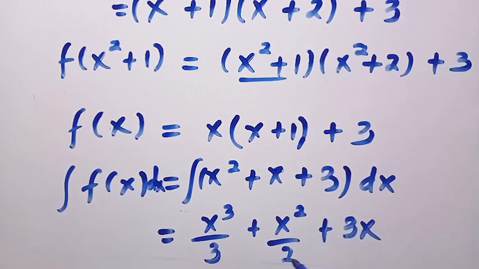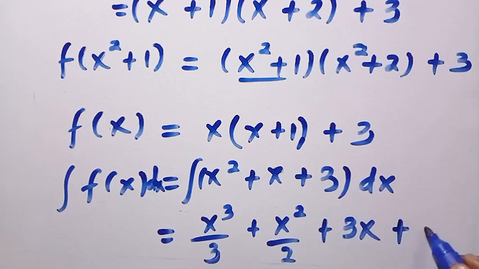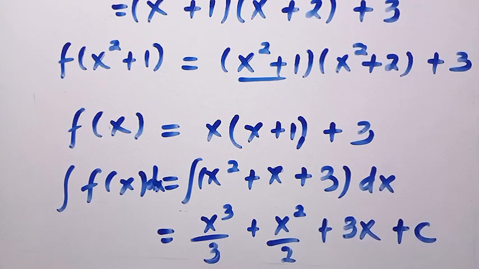After we have integrated this, let's add the constant of integration. So this is how we solve this in the first method. Just as simple as it is. And let's see how we can solve this another way. So call it method 2.